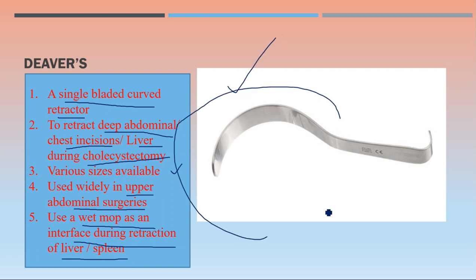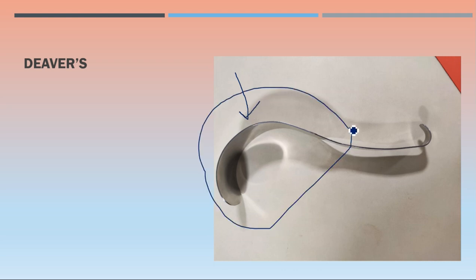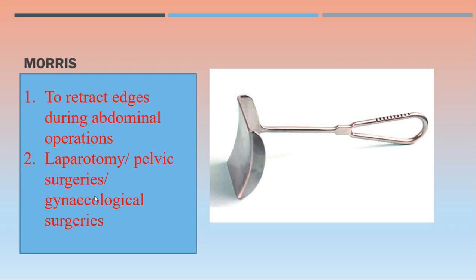This portion goes inside the abdomen or thorax, and here you hold this retractor. This is how a somewhat broader Deaver's retractor looks, right? Non-self-retaining.